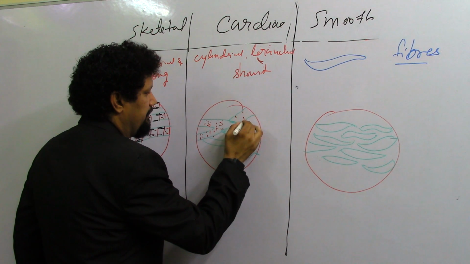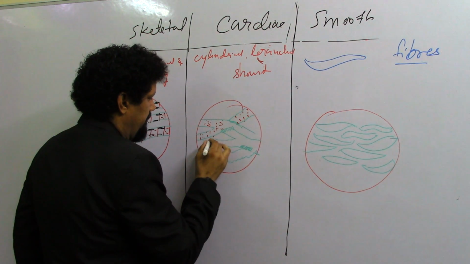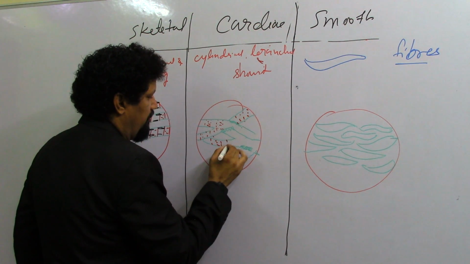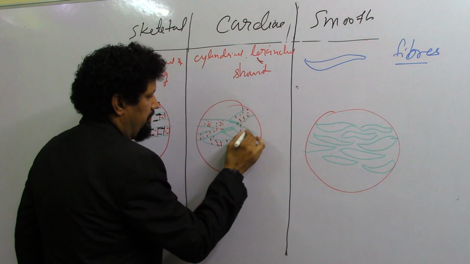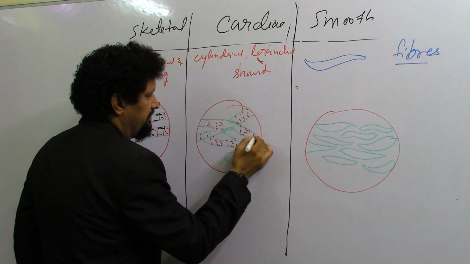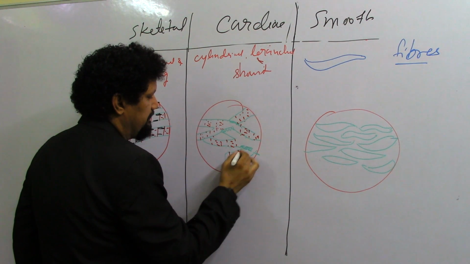So this is the pattern of the transverse striations in the cardiac muscles.